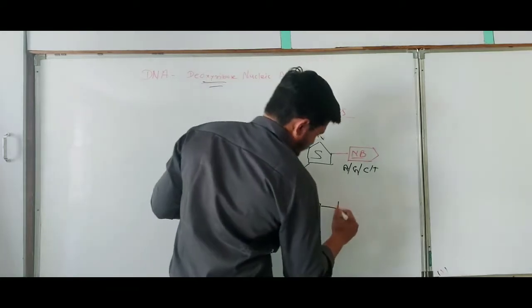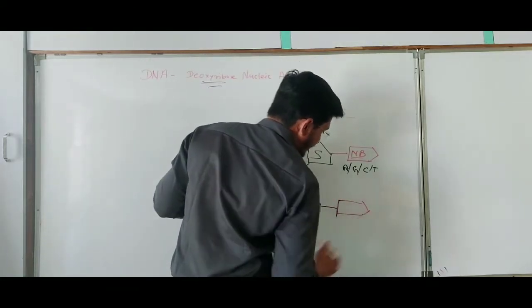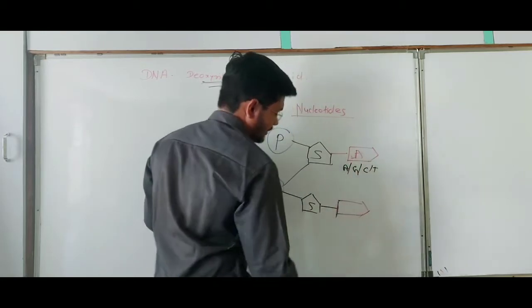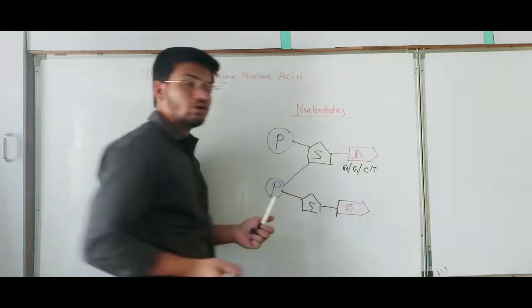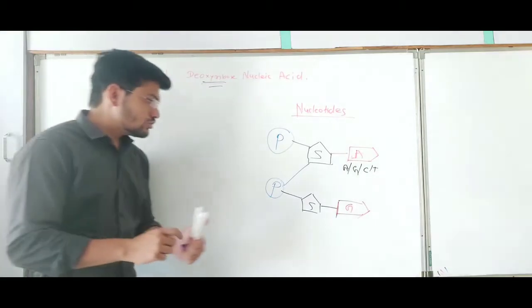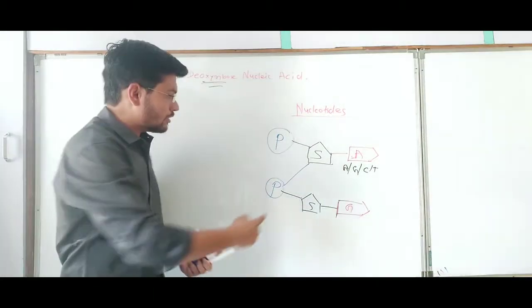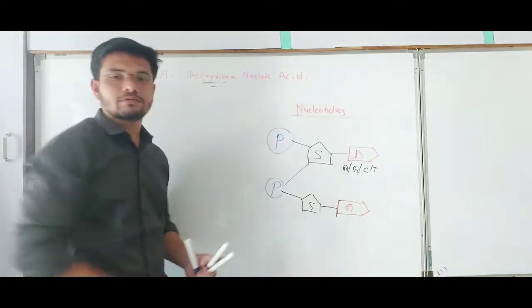But the nitrogen base can vary, like if here adenine is present, here can be guanine or cytosine or thymine, right? In this way, two nucleotides get joined with the help of this phosphodiester bond.